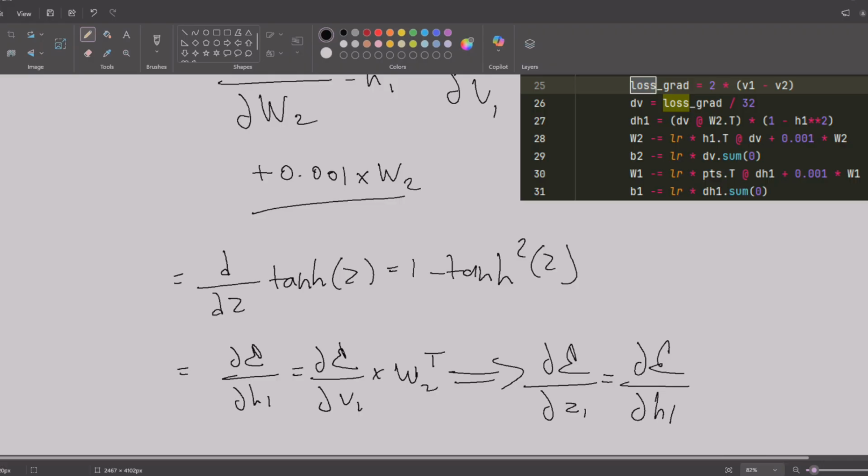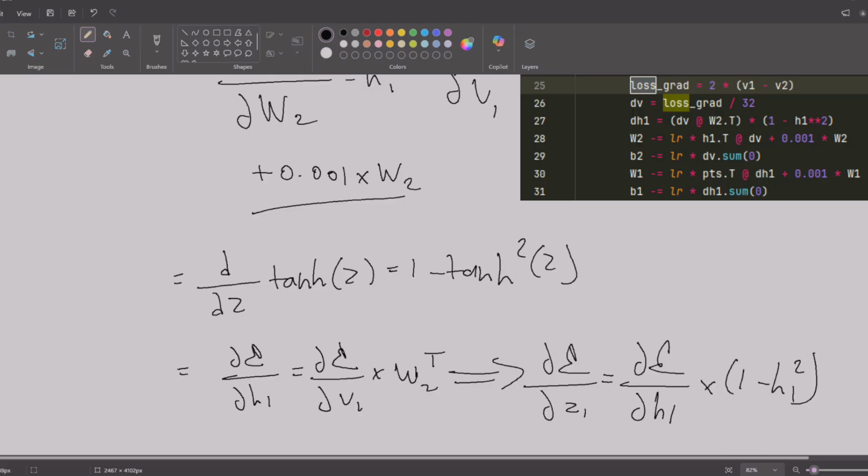Of h1, yes. And then we multiply that by 1 minus h1 squared from before. So h1 right there. And this also correlates to the line of code that's shown up here.